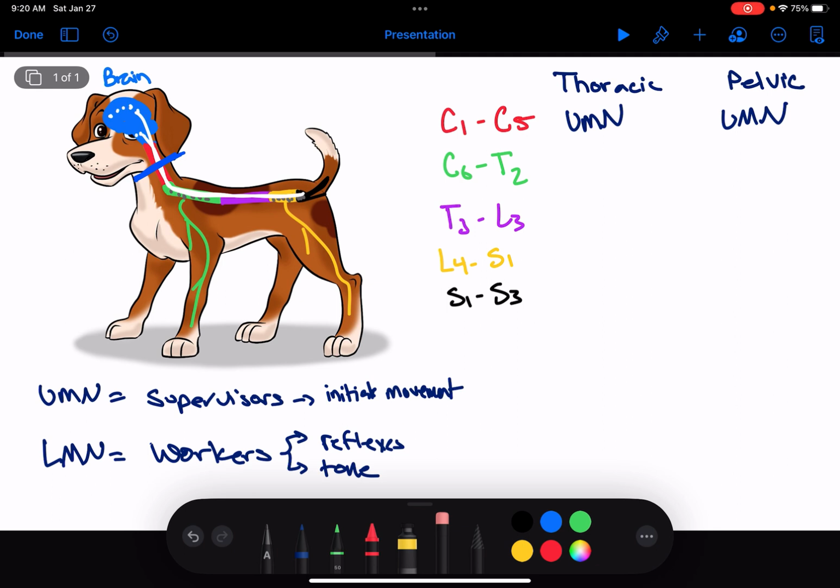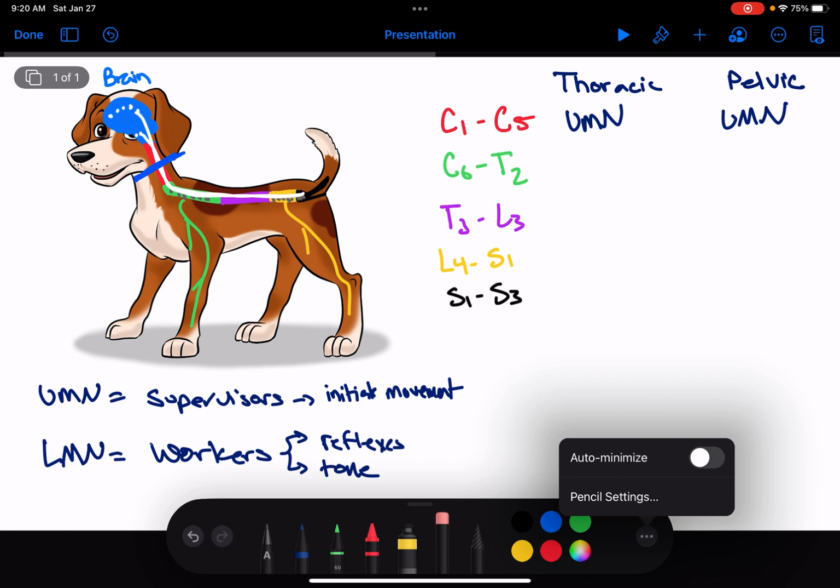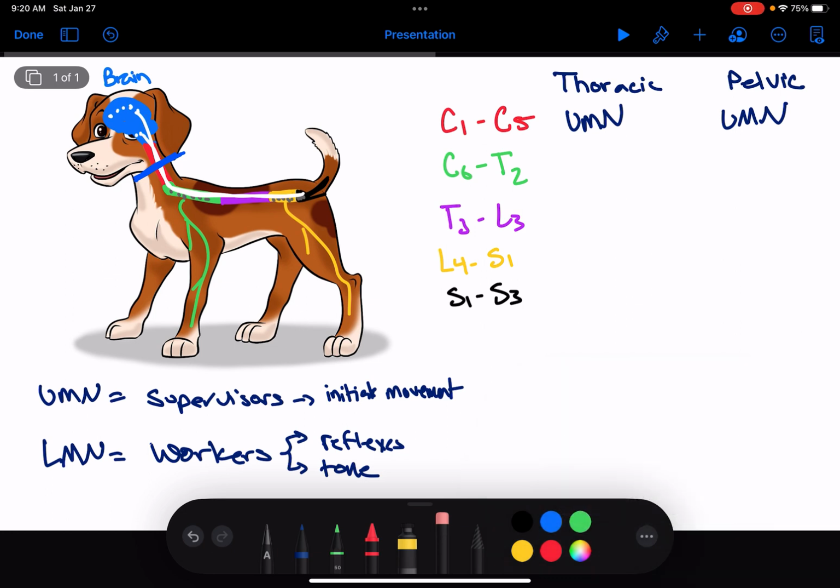And so when we talk about what upper motor neuron means in general terms, right? Upper motor neuron signs equals a lack of upper motor neuron input.